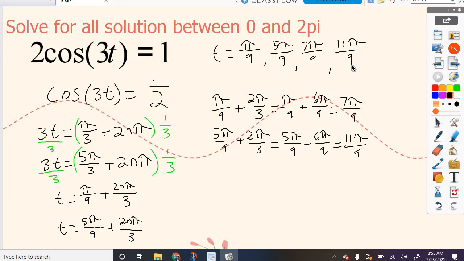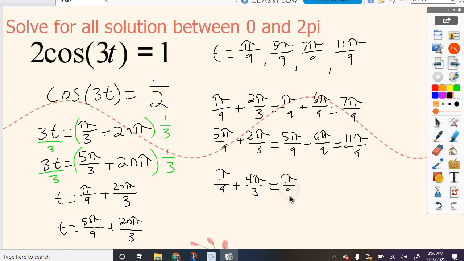Okay, and then what's going to change a little bit now is that when we plug in 2 now and we get 4 pi over 3, we're actually going to get more answers than we ended up with yesterday, because things ended up reducing when it was a 6, and they're not going to when it's a 9. So we want to do the same thing.